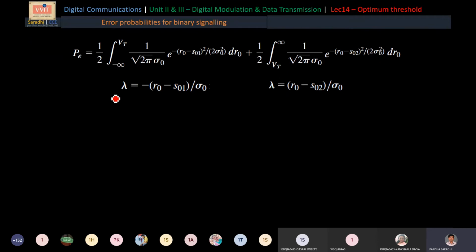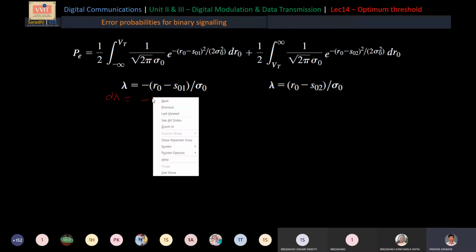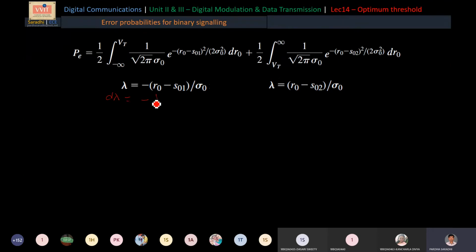Now we make all the substitutions. Let us differentiate, and that is going to be minus 1 by sigma naught dr naught. If we want to represent this entire integration in terms of lambda, lambda is the integration variable.